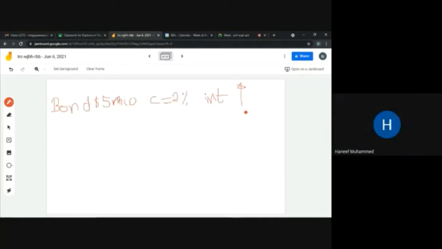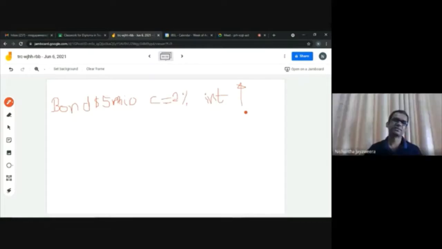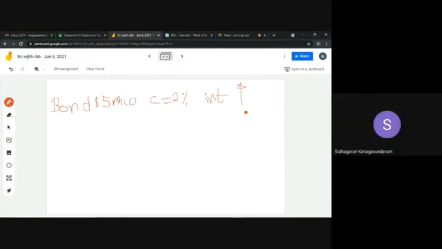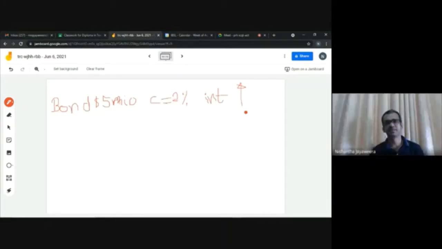I'll not only consider the coupon interest here, I'll have to consider the prevailing interest rate also. The opportunity of increasing interest rate, you'll be losing. Yes, that's true. So you have to think about the current interest rate.